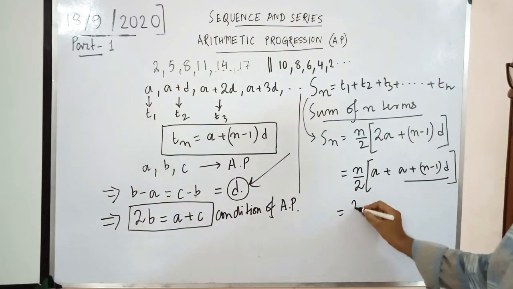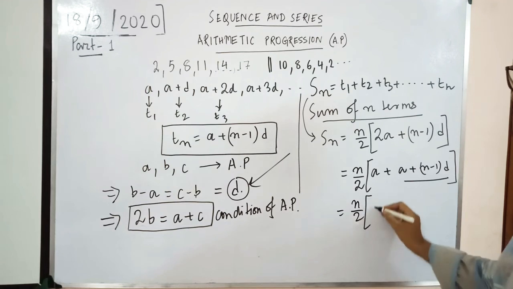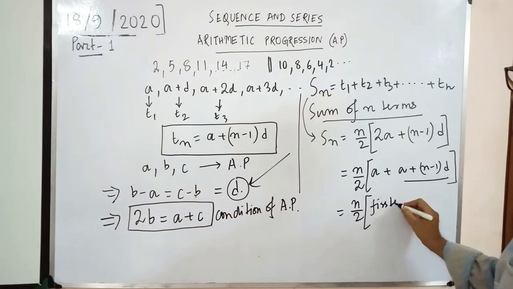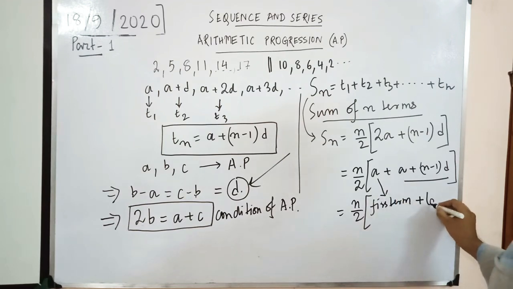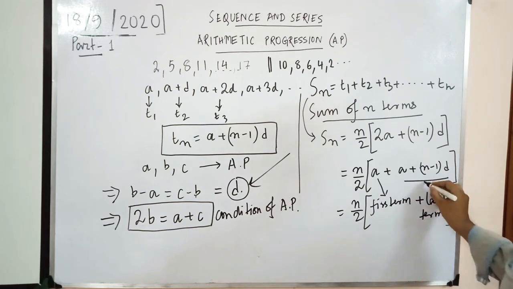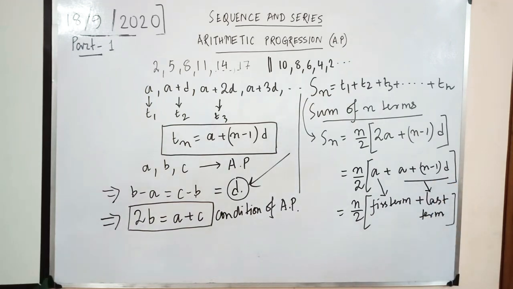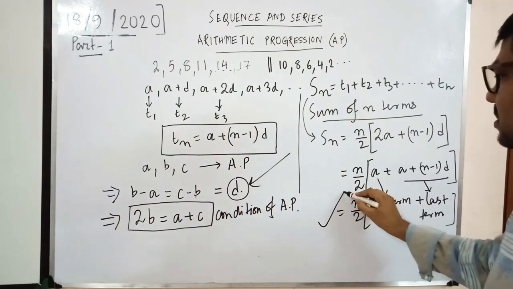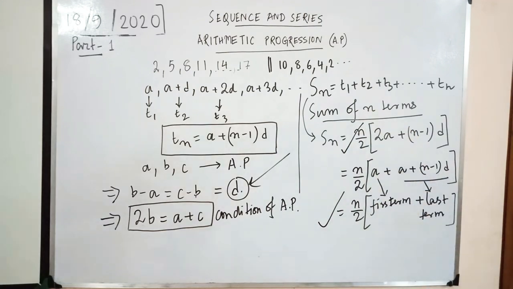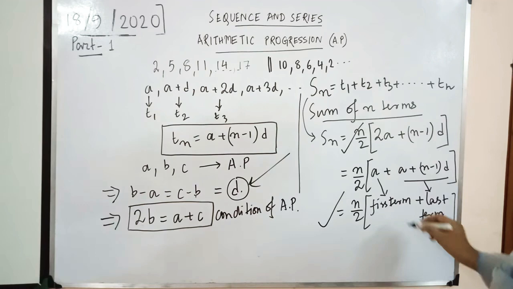So I can write that the summation is n by 2 into (first term plus last term). Either this formula or the other formula can be used. So there are two formulas which we can use, either the first one or the last one, with the first term and the last term.